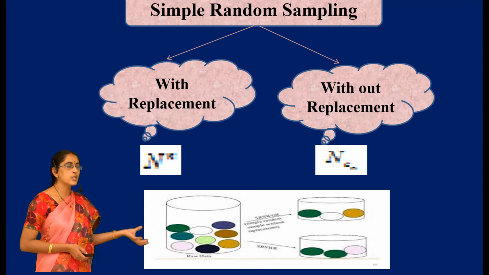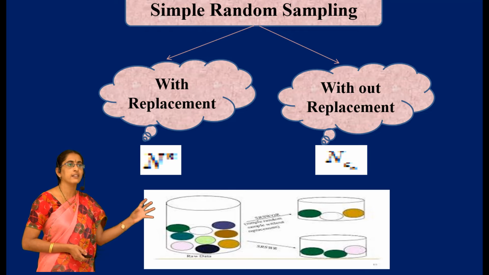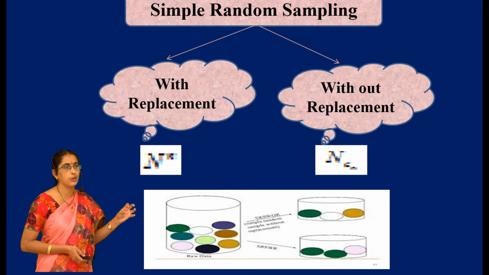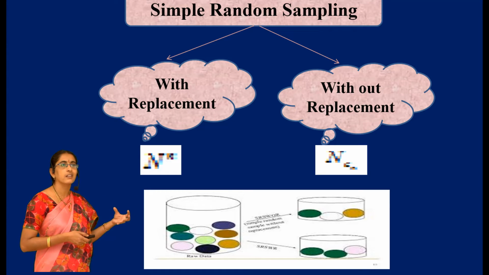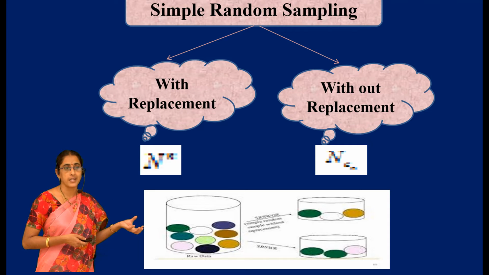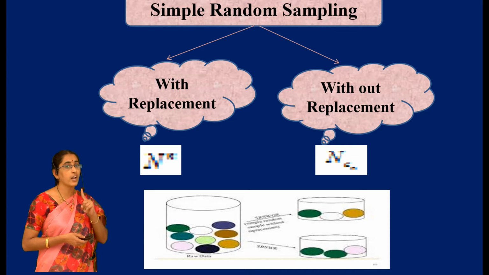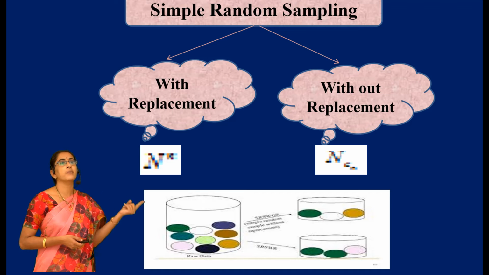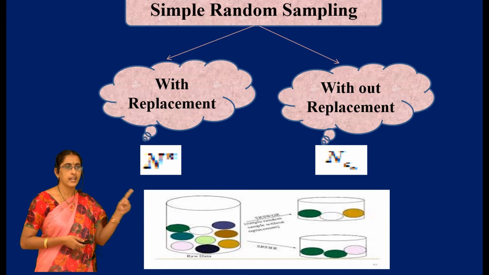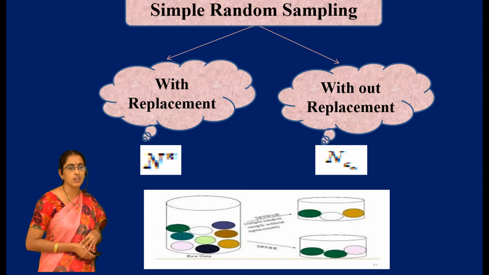But when I put a hand in the box and get red balls together with yellow, that means red balls are repeating, so I can't consider it as without replacement. Without replacement means if one red ball is selected, it can't be selected a second time. Another yellow ball, then one blue ball, a black ball, a green ball, like that. That is without replacement.